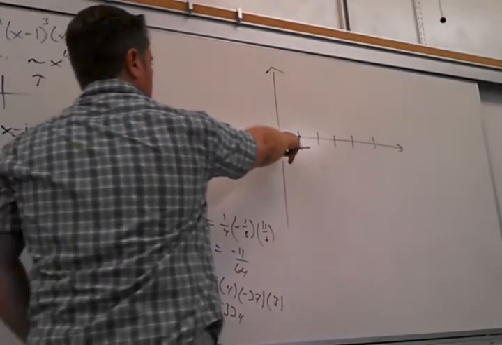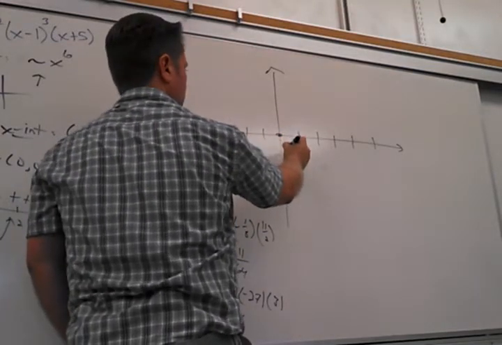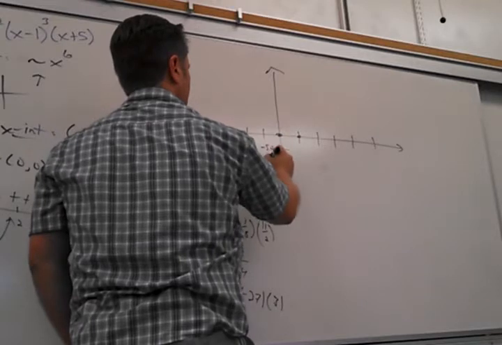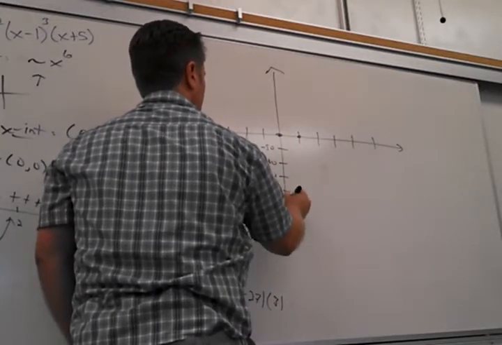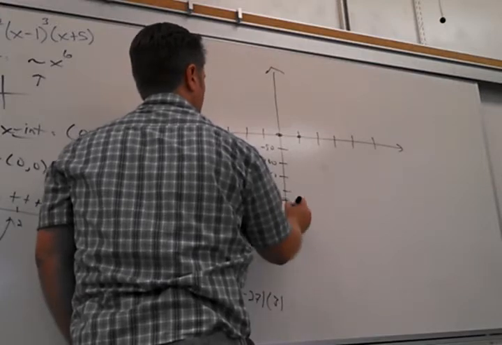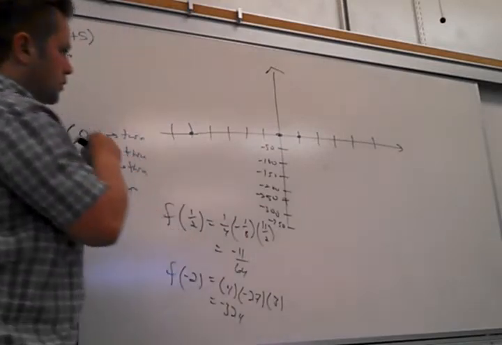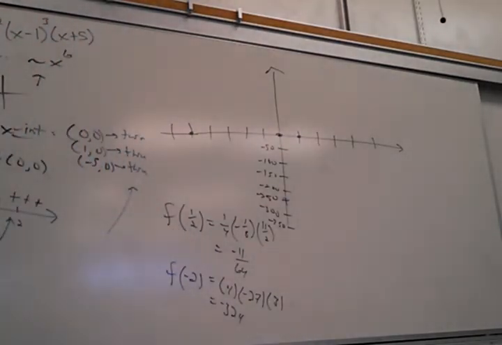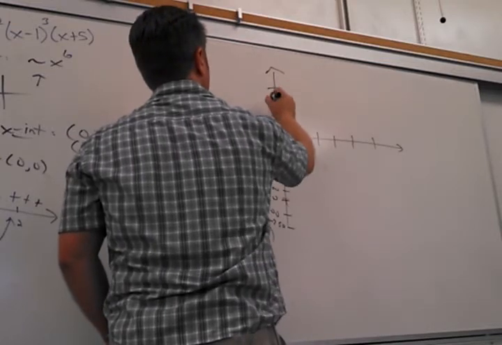So what kind of scale do you think I want to use here then? Tens. Probably hundreds. Yeah, maybe 50s. Negative 50, negative 100, negative 150. Alright, cool. That's pretty good. So up here we have 50, 100, 150.